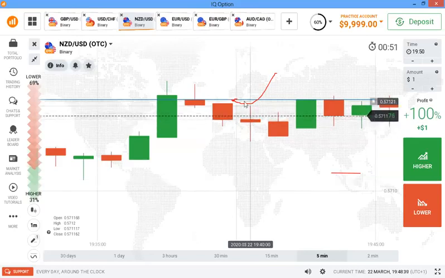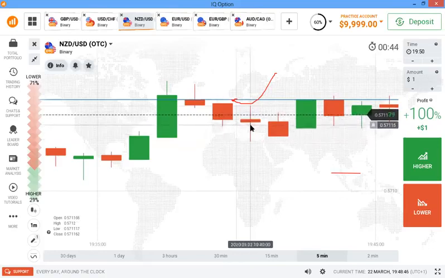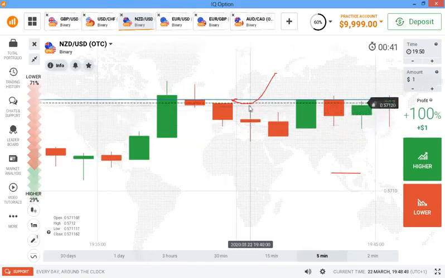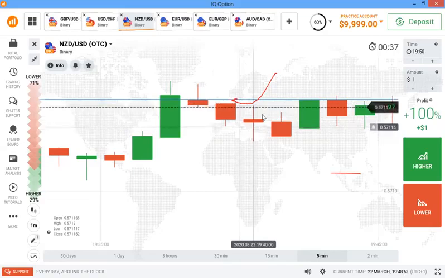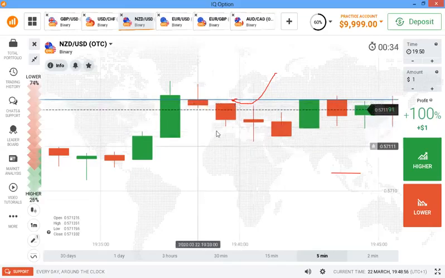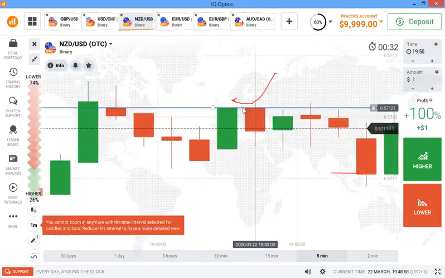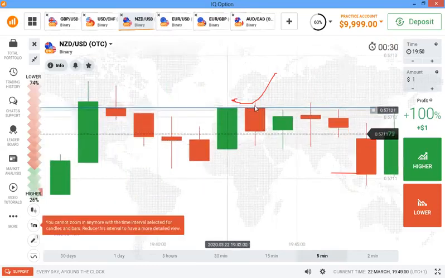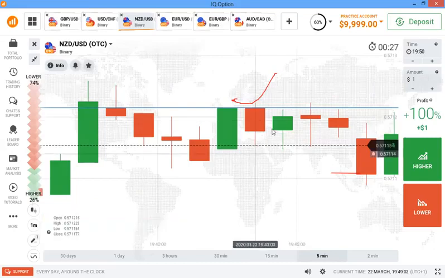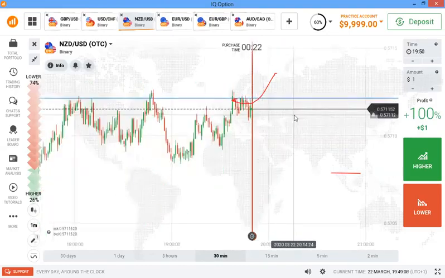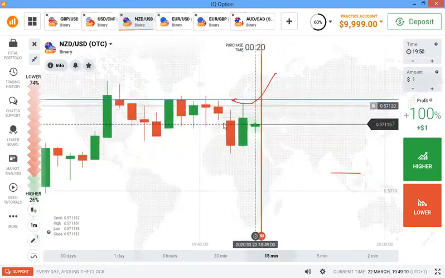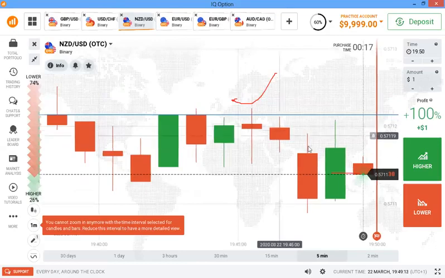So the broker will shift the candle to close above your entry because more buyers are entering the market at that time. But it will still close as a bearish candle. So these are the manipulations they will only do on your chart, not by changing a bullish candle, or making the next one green, change it to red, or next one red, change it to green. No, the broker cannot do that. They don't manipulate candles. They only manipulate your entries.